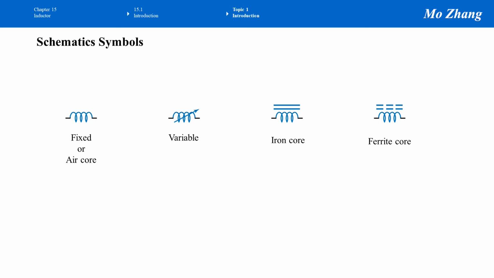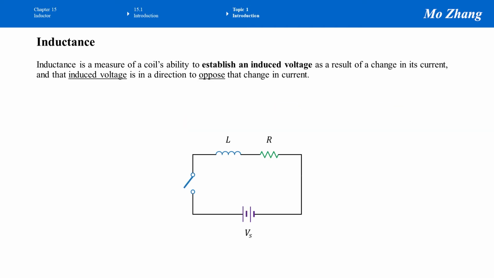Instead of using iron core, we put different kinds of material called ferrite material inside the coil. These materials can enhance the magnetic field. With same amount of current going through this inductor, more magnetic field can be generated due to adding this ferrite material.